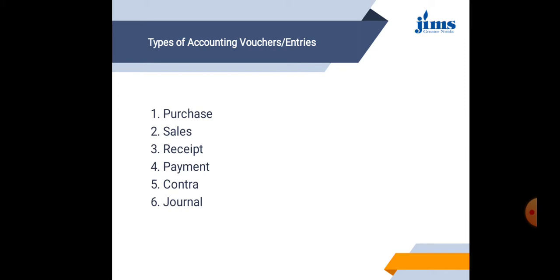For example, credit purchase of fixed assets from creditors, rupees 50,000. Actually, it's a credit purchase, and here we can say there is an inclusion of taxation also. For these adjusting entries we use journal vouchers.